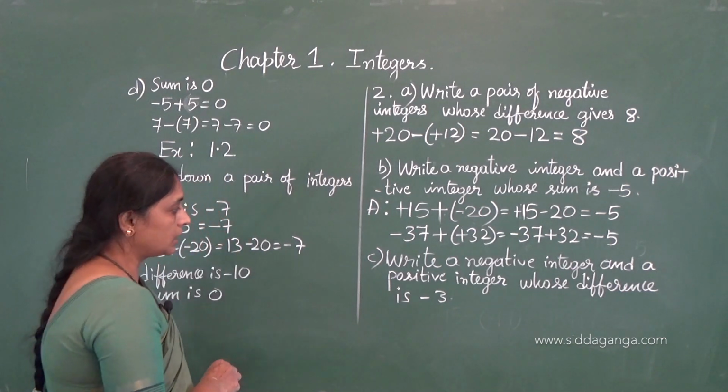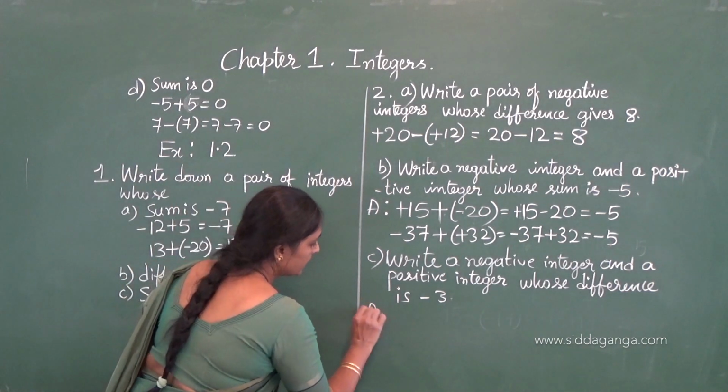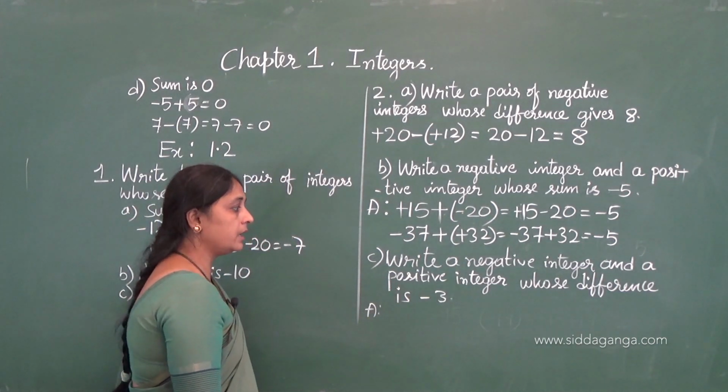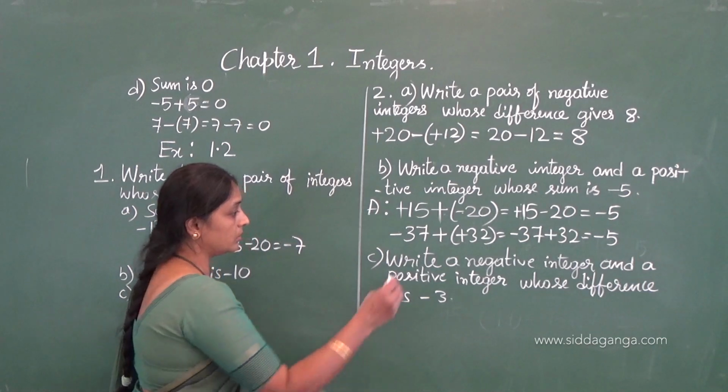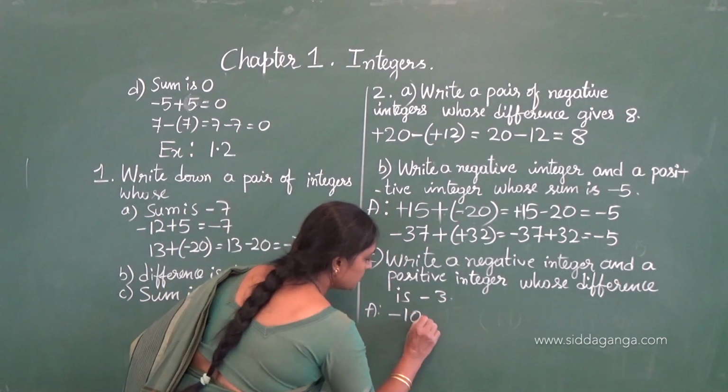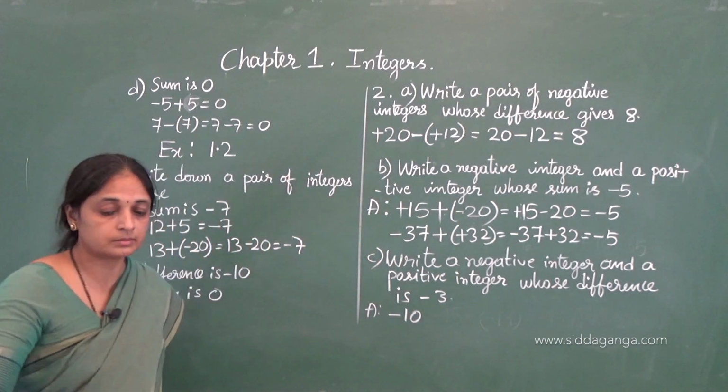Then what can we take here? One negative integer and a positive integer. Consider minus 10.